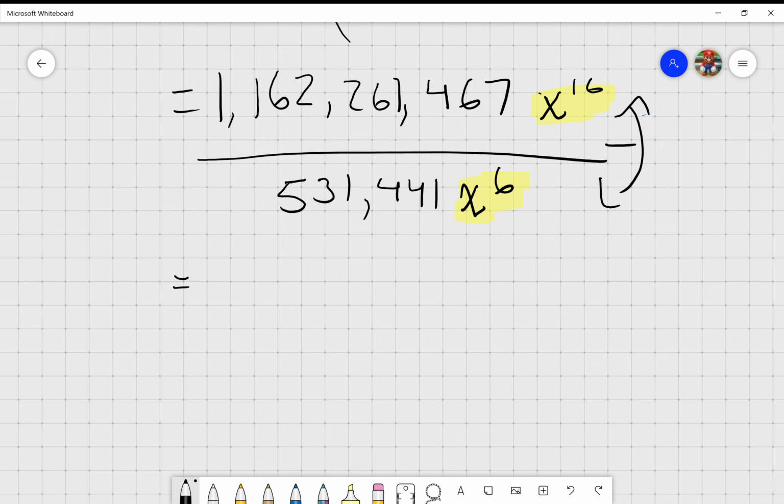For our huge numbers, we got 2,187 x to the power of 10, as we have subtracted these, and we are left with this.